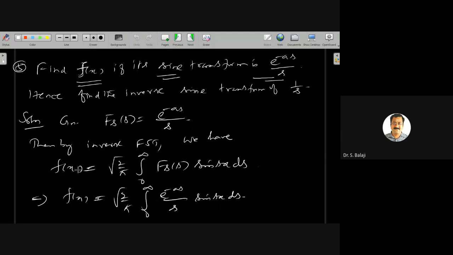we have f of x equal to root of 2 by pi integral 0 to infinity Fs of s sin sx ds.